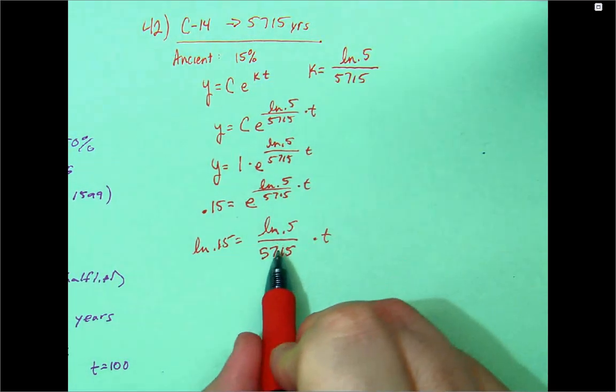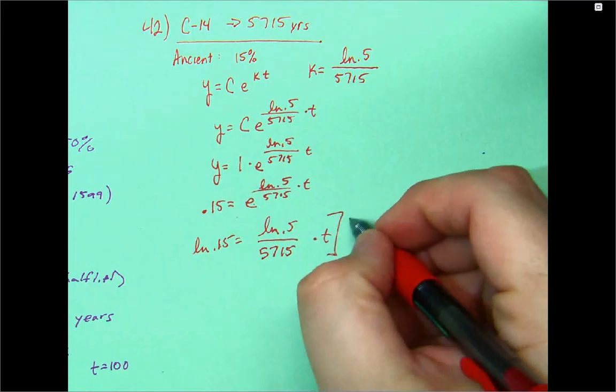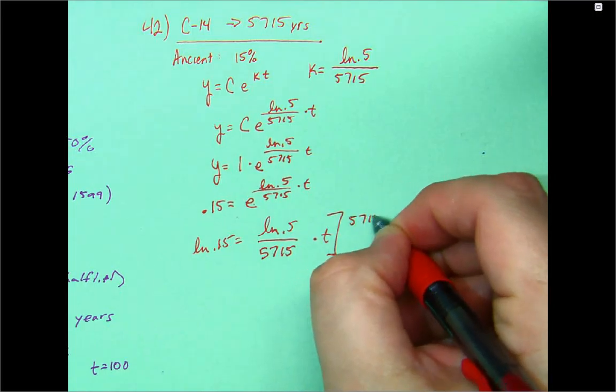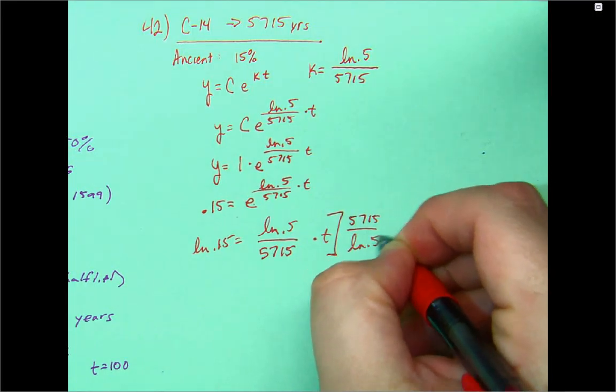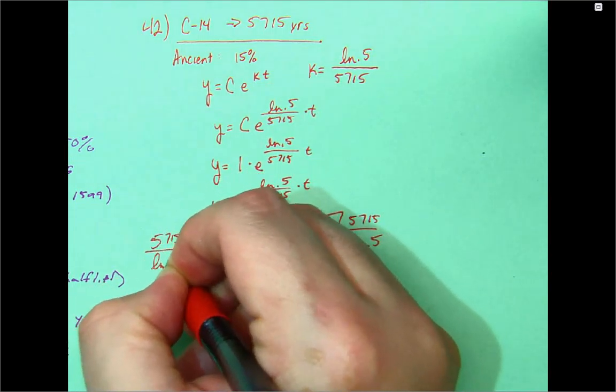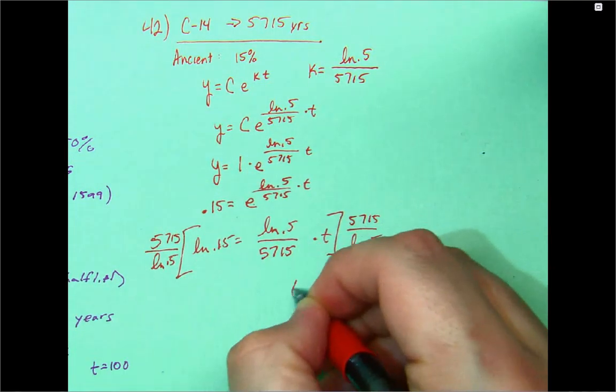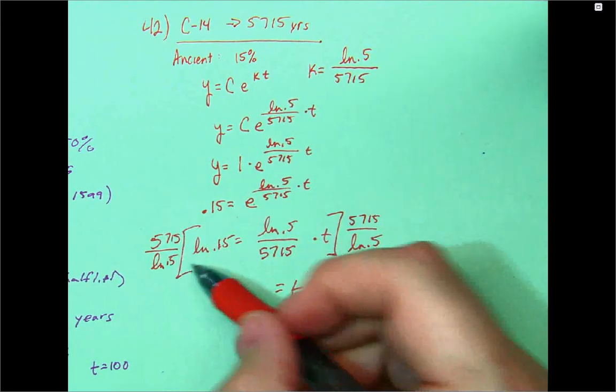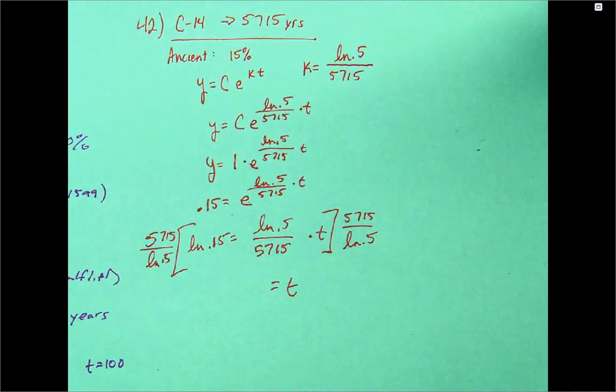Then what do I have to do to get t by itself? Multiply by the reciprocal. So t would be equal to this. Now we want to throw that into a calculator.